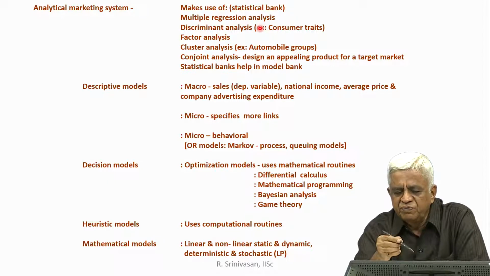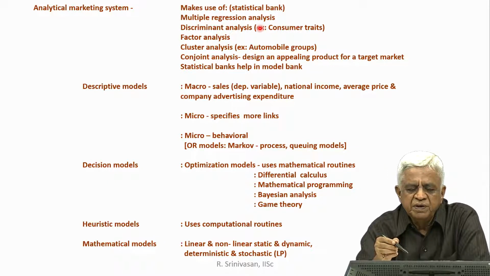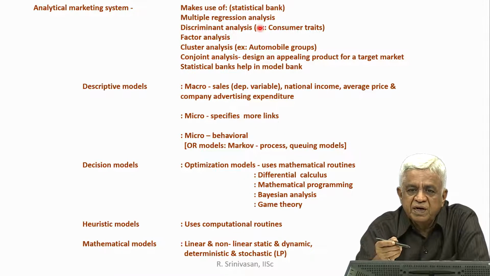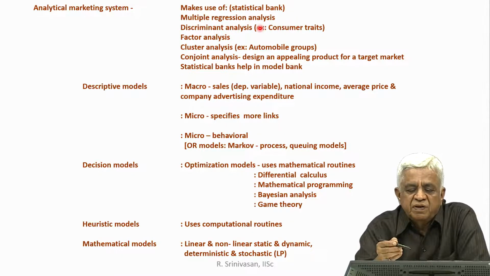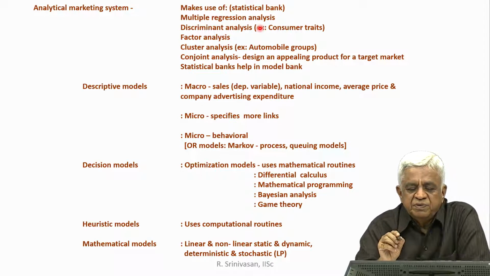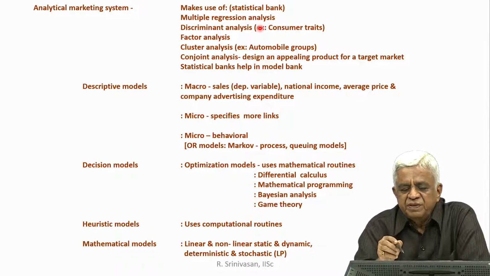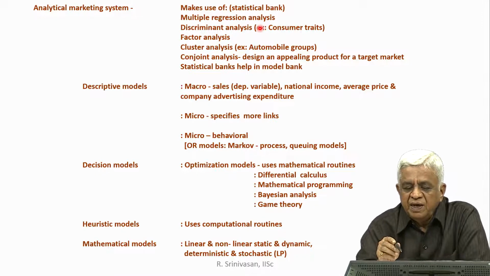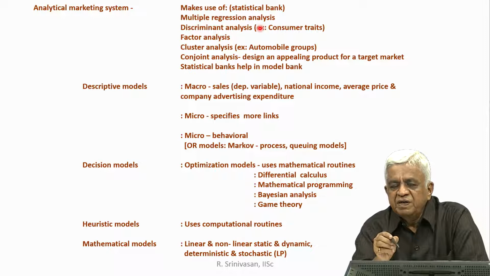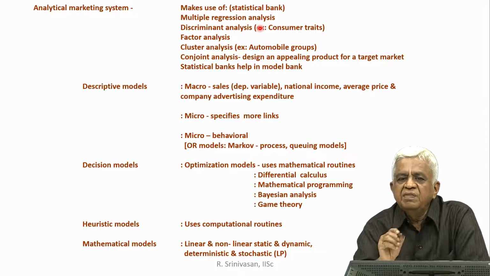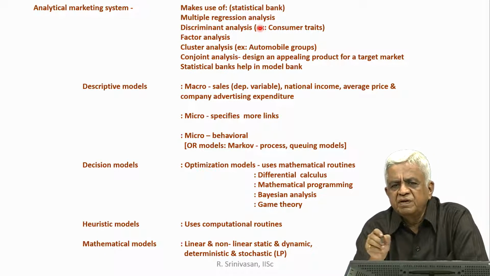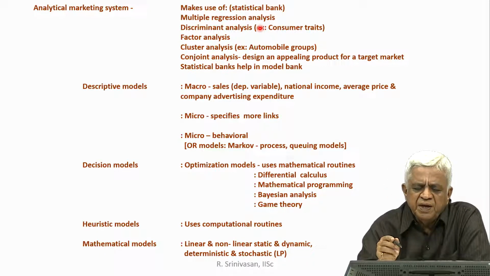Suppose you have chosen 4 independent variables, they explain 70% of the variation in the market demand, that is your R squared comes around 70%. That means the independent variables that have been chosen explain 70% of the variation in the demand for the product, which is generally considered good in marketing.